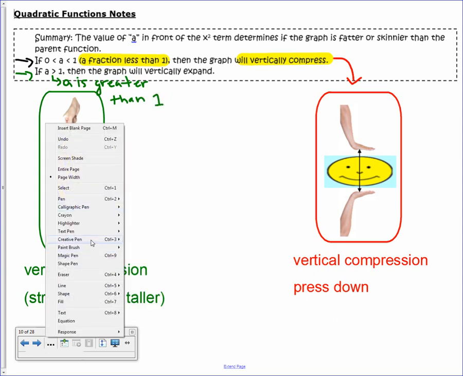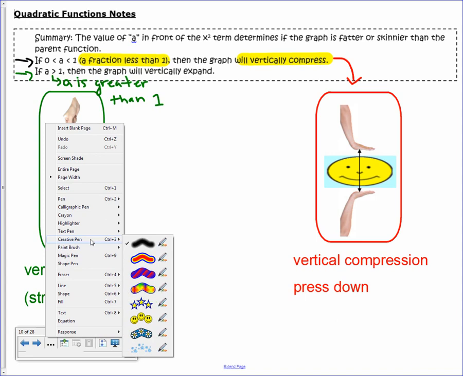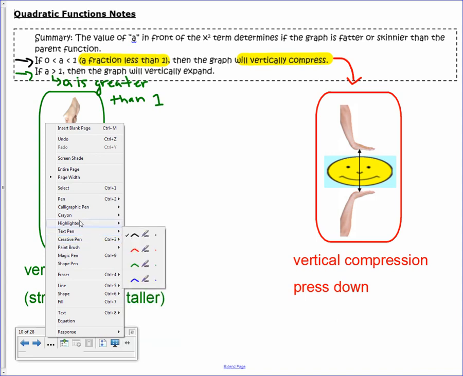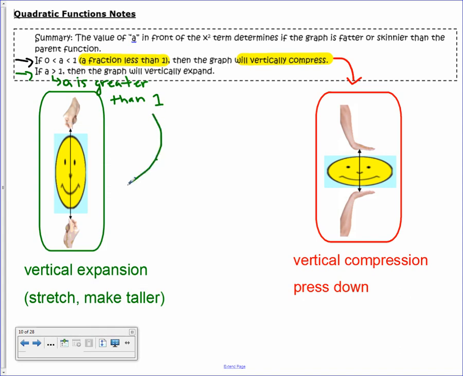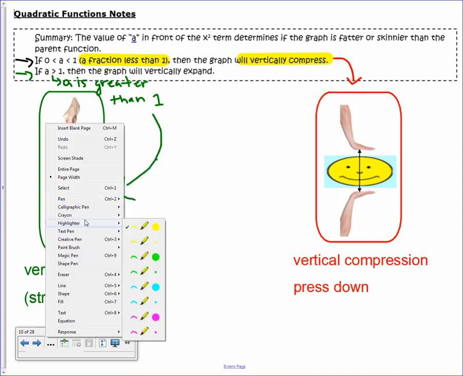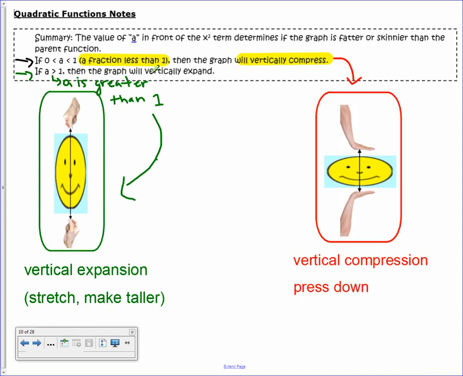So 4, 5, 6, 7, 8, 9, 10, 100, 1,000. If the A value in front is greater than 1, the graph is going to vertically expand, which looks like this, stretching it and making it taller. Okay, and let me highlight that right here. Vertically expand. If you need to pause, rewind, anything like that, go ahead and do so.